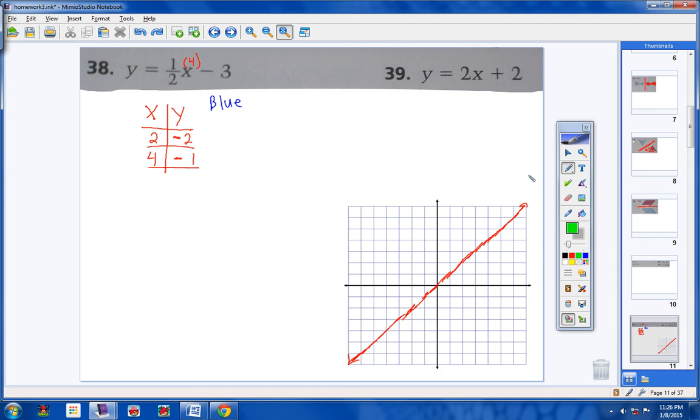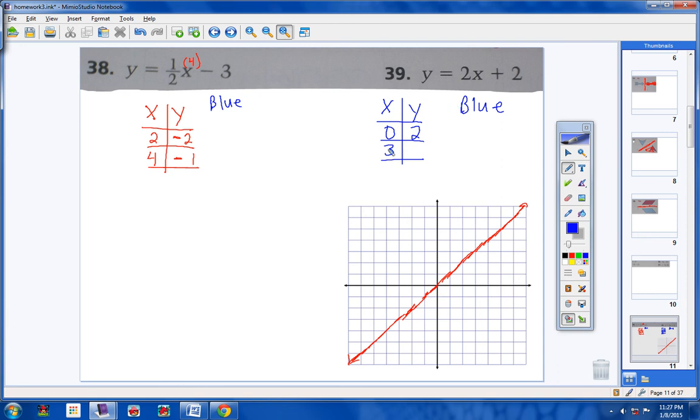Okay, let's take a look now at this line here. Okay, I'm going to go ahead and graph this one in blue again. And I'm going to use the numbers 1 and 2. Actually, I'm going to spread it out a little bit. I'm going to use the numbers 0 and 3 just to give me a little more space. So put a 0 in for x, I get out a 2. Put a 3 in for x, and I get out an 8.